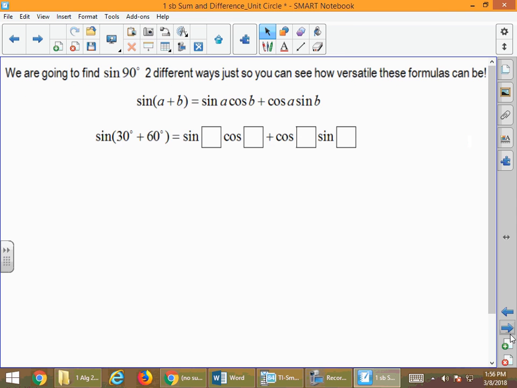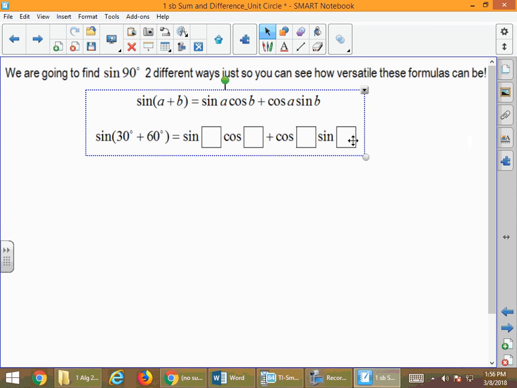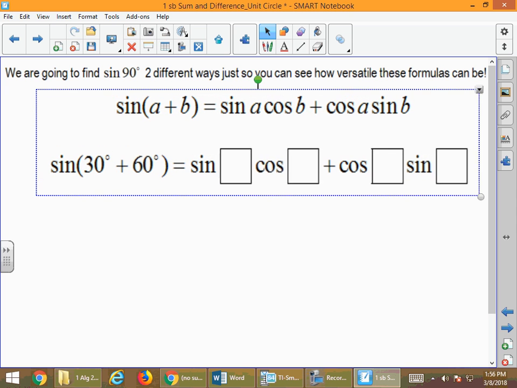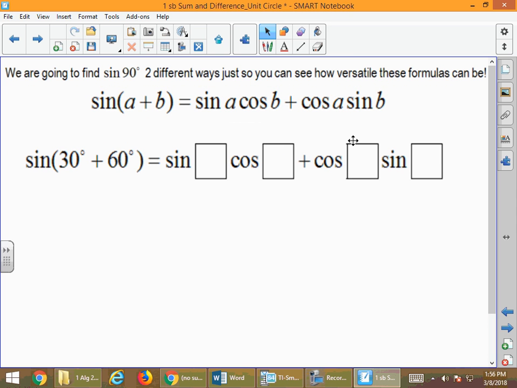But here's how it works. We want to find sine of 90. The first one I chose is 30 plus 60 equals 90. So we need to go back and think. Oh, and I need to fill it in first before I start thinking about it.